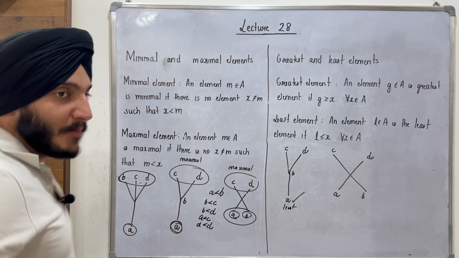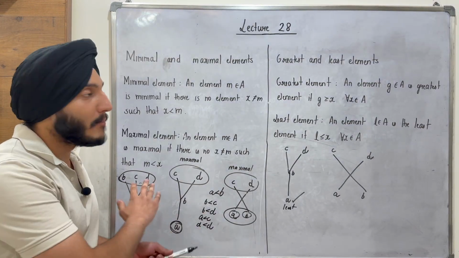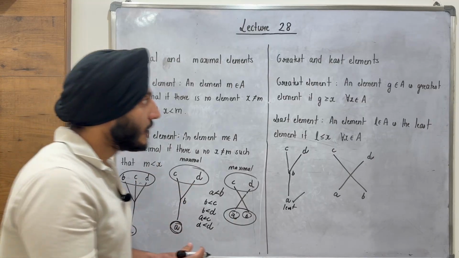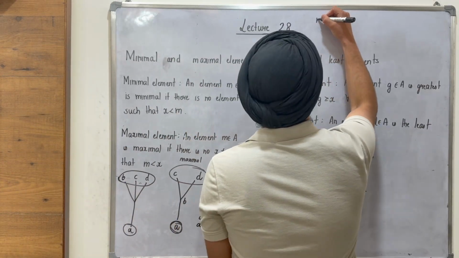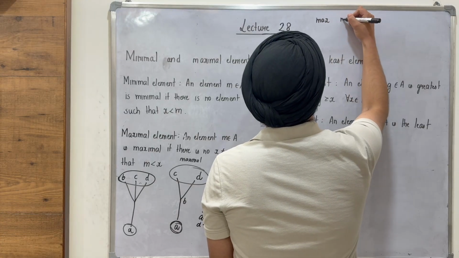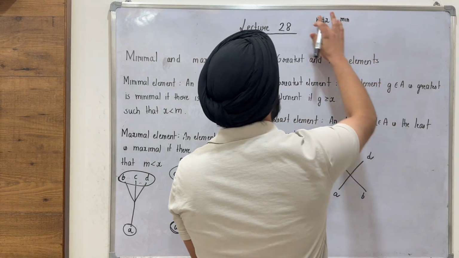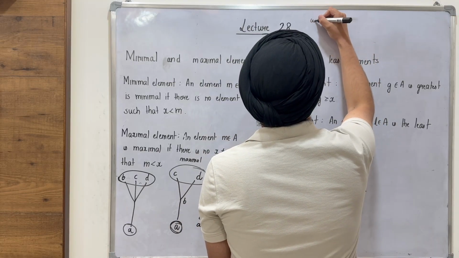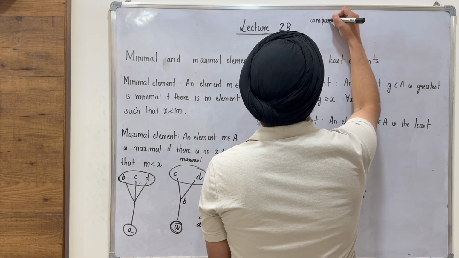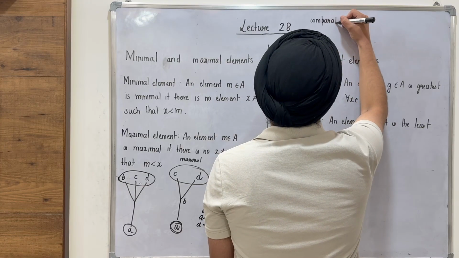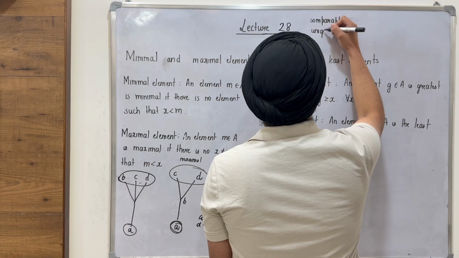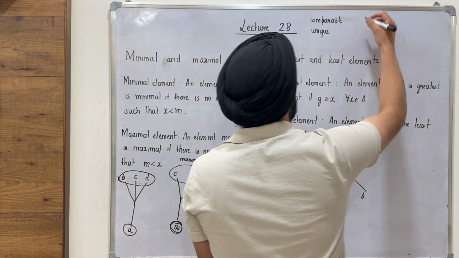Okay, one more thing before I move on, let me just formalize the comparison between maximal and minimal elements and greatest and least elements. So I'm just going to draw this table. Max and min on one side, and let's say I have comparable and unique.